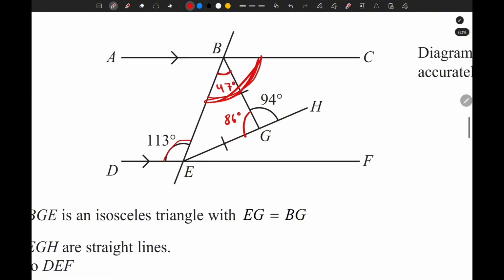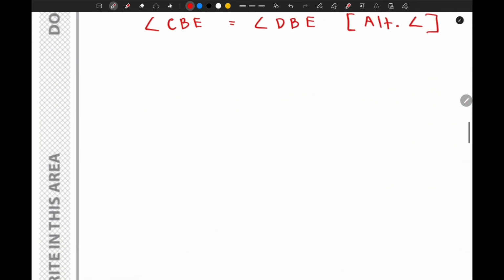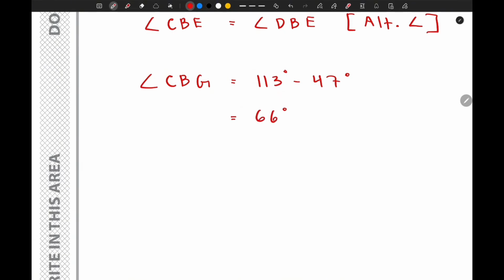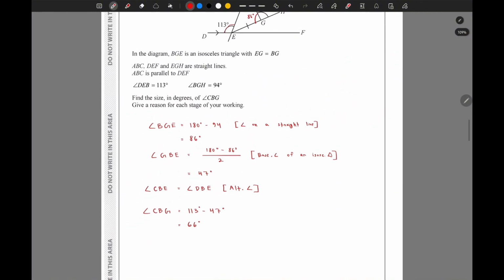Now in order to get this angle, I just need to subtract 47 from 113. So angle CBG is equal to 113 minus 47. And there is no reason for this. You do not need to give a reason for this. So this is equal to 66 degrees. So that is the answer to this question.